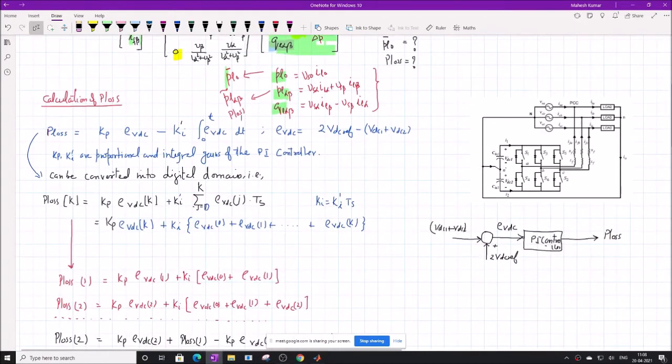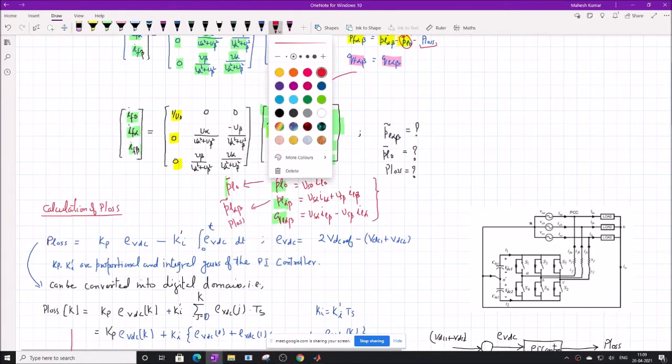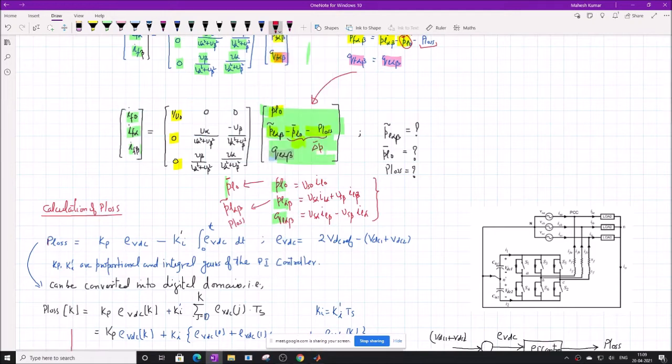Let us try this. Let us first take P loss. Now, as I said, this term P loss accounts for the losses in the inverter, losses in switching here, as well as losses in the ohmic resistances of the filter components like RF.